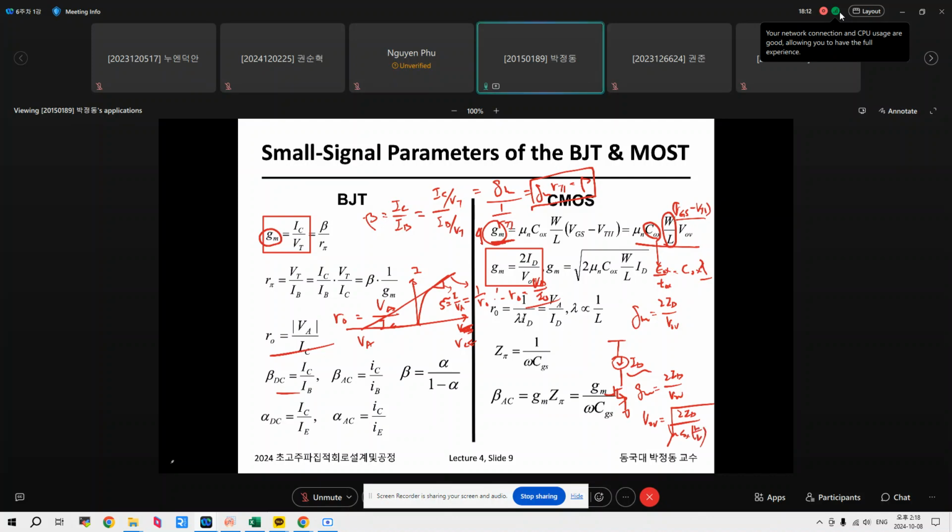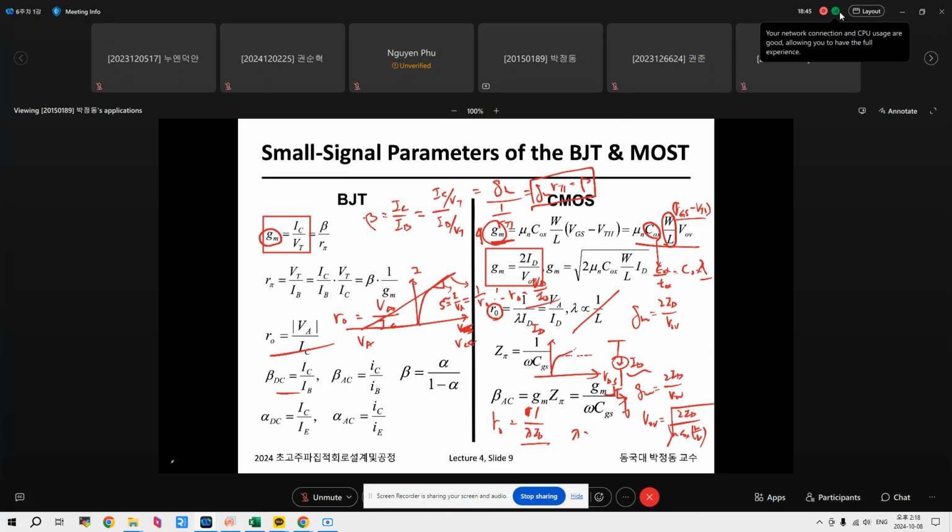In this model, RO is 1 over lambda ID. Here, lambda is actually the slope. If you draw the ID versus VDS curve, it is something like this.